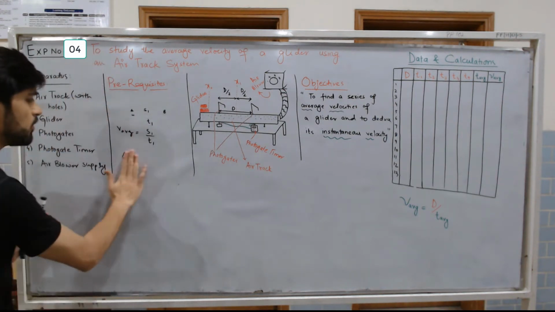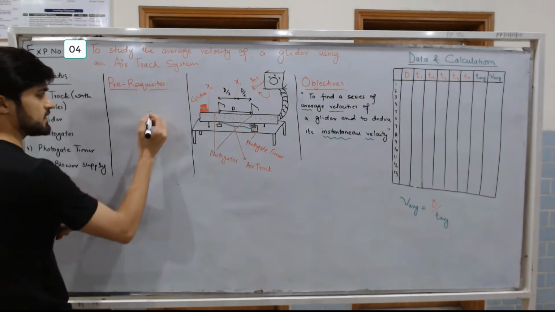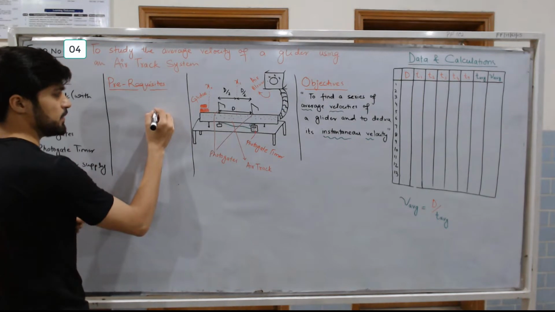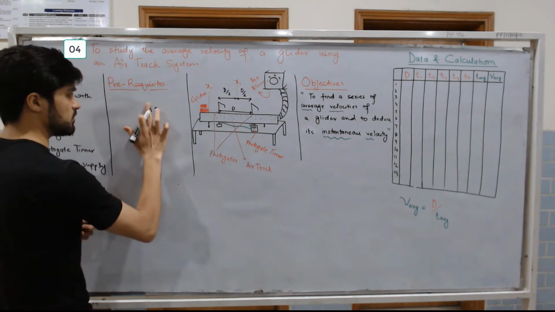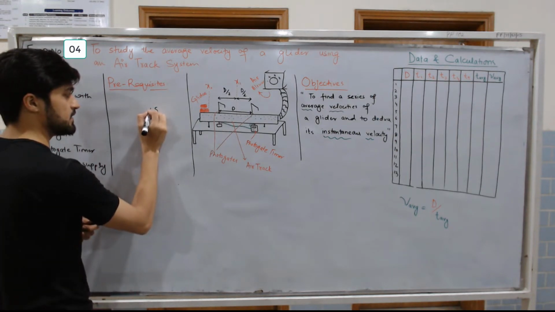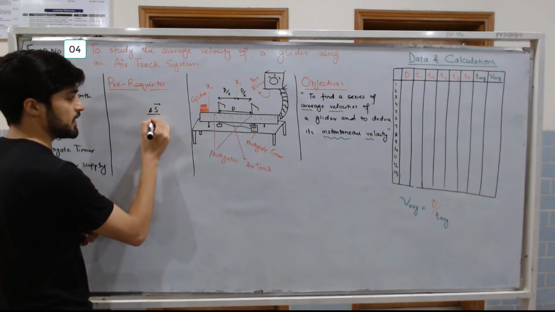So what is an example of the instantaneous velocity? Mathematically, it is very important to know this. Let's say the average velocity is defined as delta S over delta t, where delta S is the displacement if a body is moving from A to B and it takes time delta t.